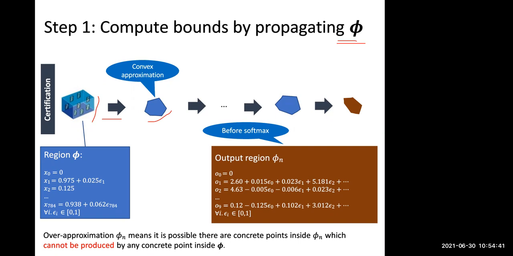The numbers are actually not being propagated. What is being propagated are these symbolic functions that he has designed. For example, the first thing that he shows here, at the bottom left, is the region phi that he has designed, and that actually gets propagated through the network. It's not the numbers. You're not feeding in the image as is.